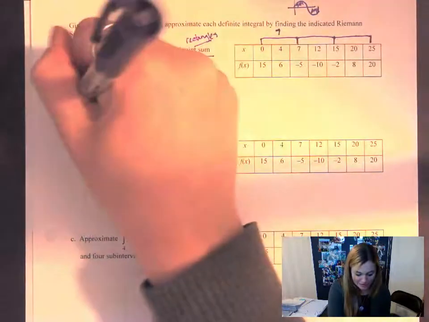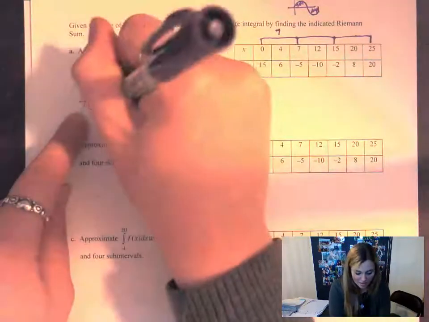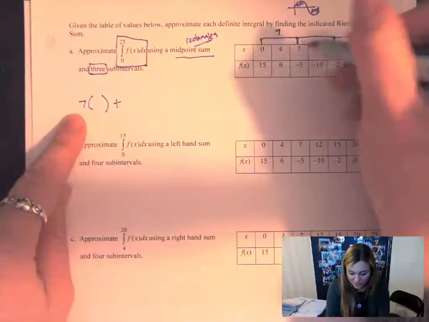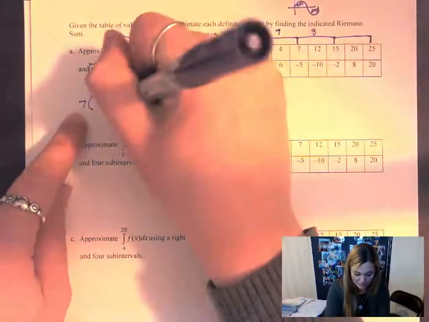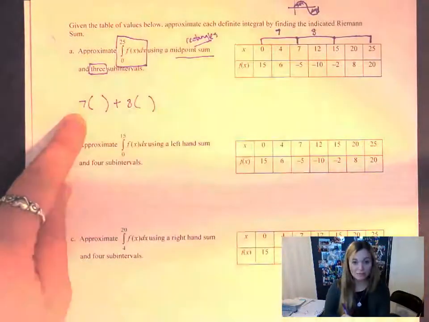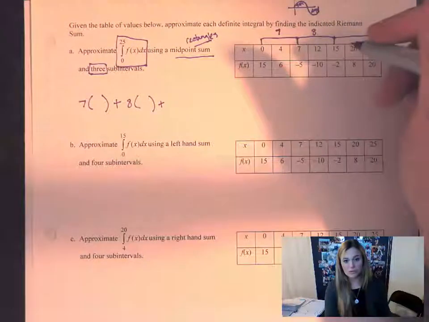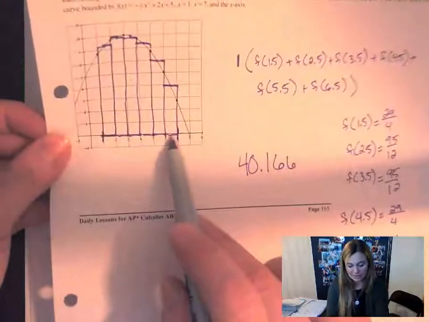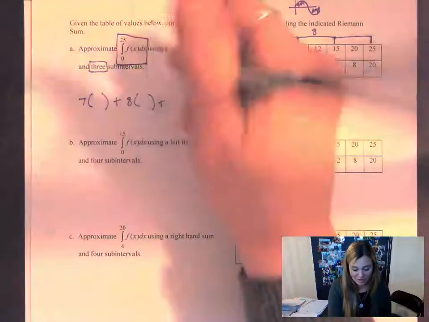So if I'm thinking base times height, the base of the first rectangle is 7. The base of the second rectangle would be from 7 to 15, a change of 8, times my height, which I'll figure out in a moment. The base of my third rectangle, again thinking about the distance between my x values, would be from 15 to 25, 10.